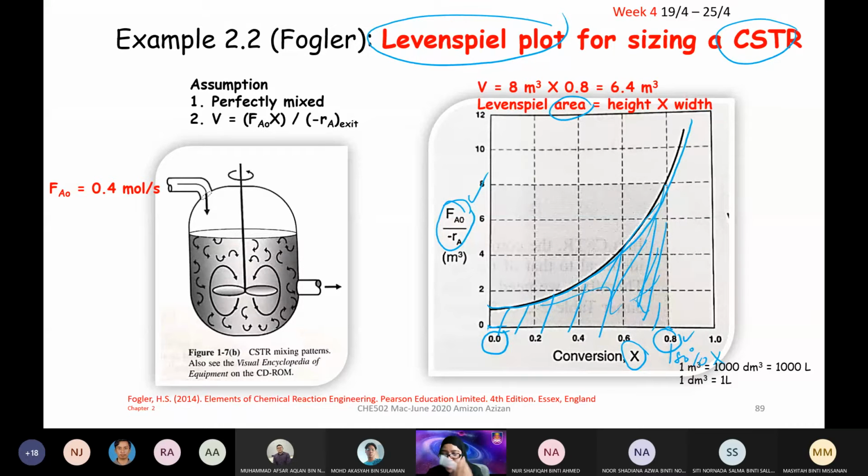But the Levenspiel plot says that if we take the y-axis value here, which is 8, times the 0.8, which is the rectangular area, it would give you 6.4 cubic meters. So Levenspiel says simply by taking the whole shaded area would give you the volume for the CSTR.